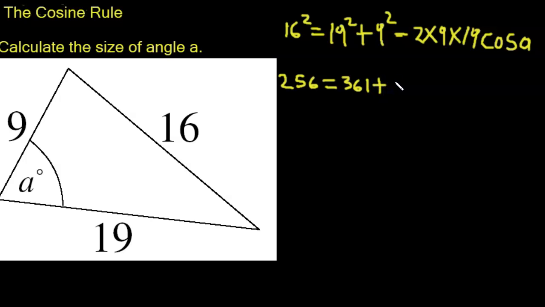Plus 9 squared, that's 81. Minus 2 times 9 times 19, that is 342. So 342 cosine.